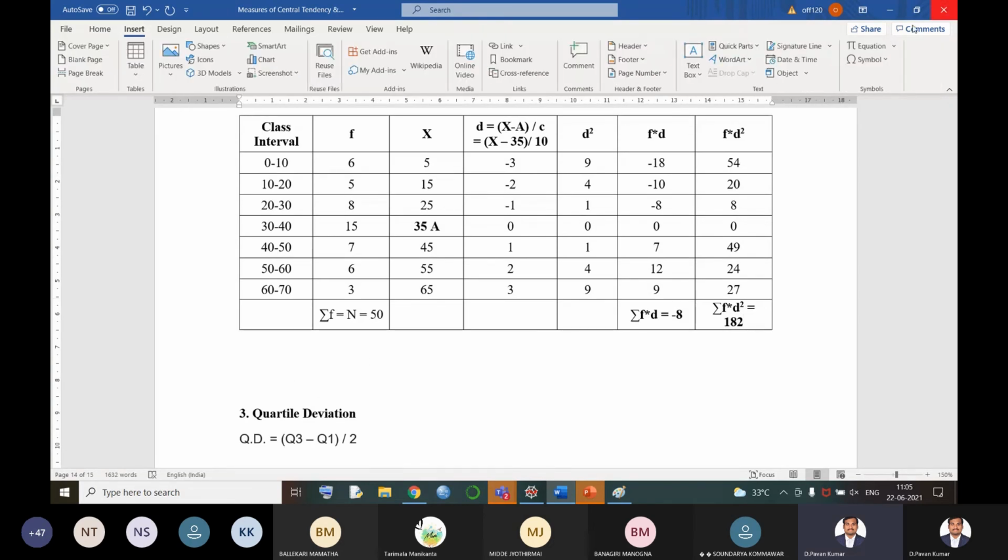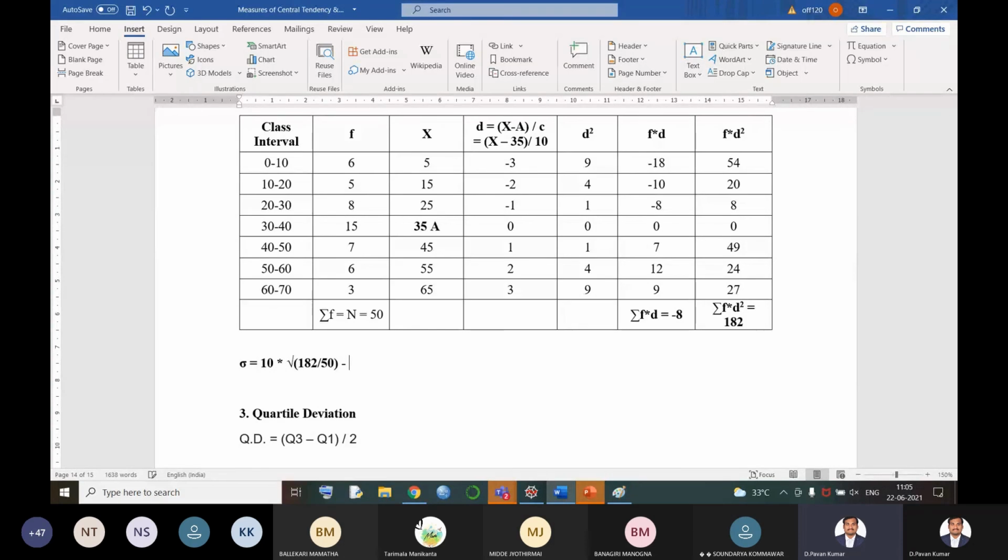So again, just simply substituting, sigma is equal to, first I need to multiply with c, right? Our c value is 10. 10 into square root of again two expressions. What is our first expression? Summation fd square by n. Summation fd square is 182 divided by n, which is 50 over here.